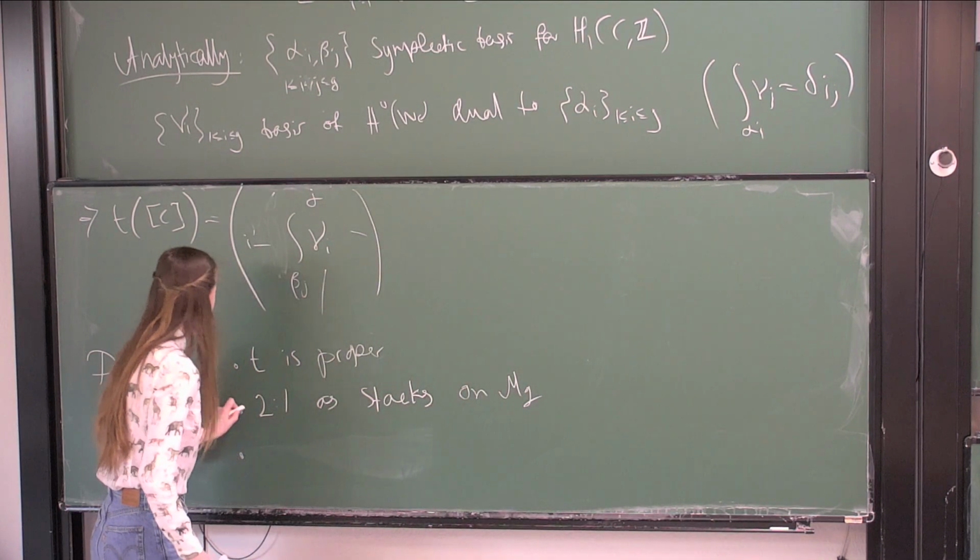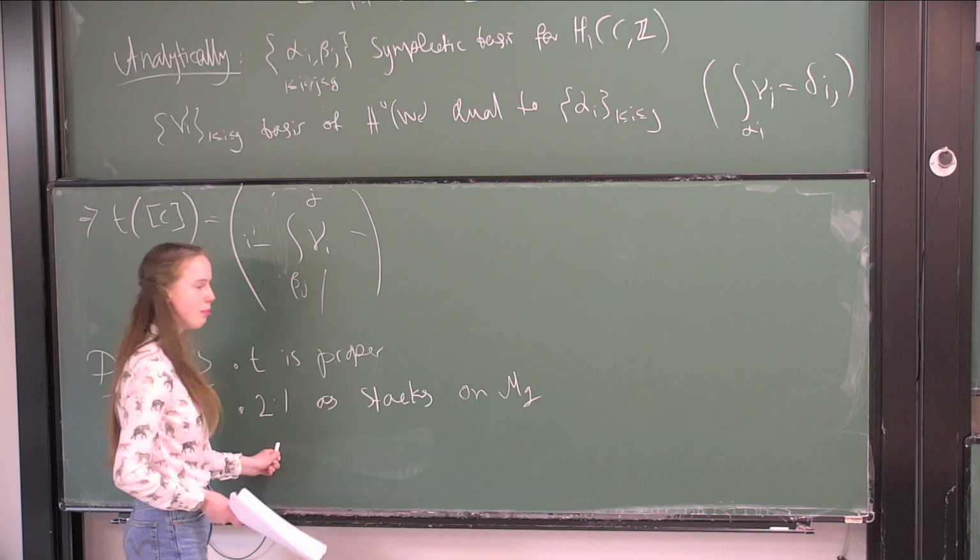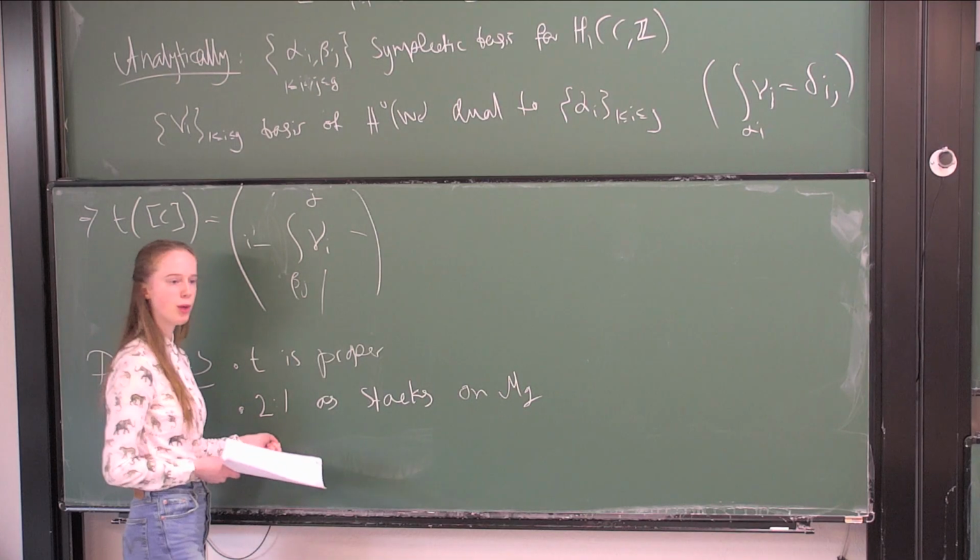But on the other hand, when you look at the boundary, the injectivity is completely destroyed, because the Torelli map forgets how various components are glued together.